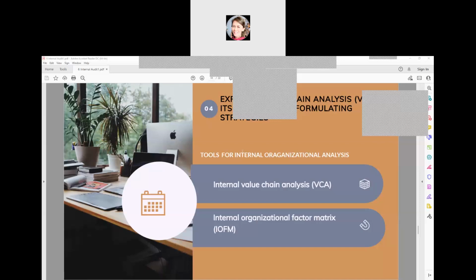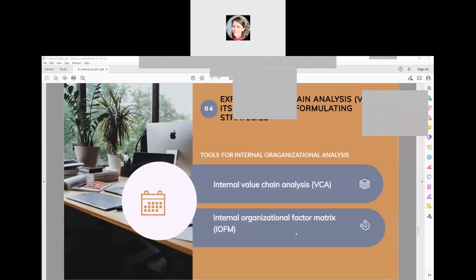At the end of the day, after looking through the internal activities, having the knowledge that we do well in this area and not so well in this area, they would go ahead and devise strategies. Of course, this is to be unique and to be better than competitors. So this is basically what VCA is.